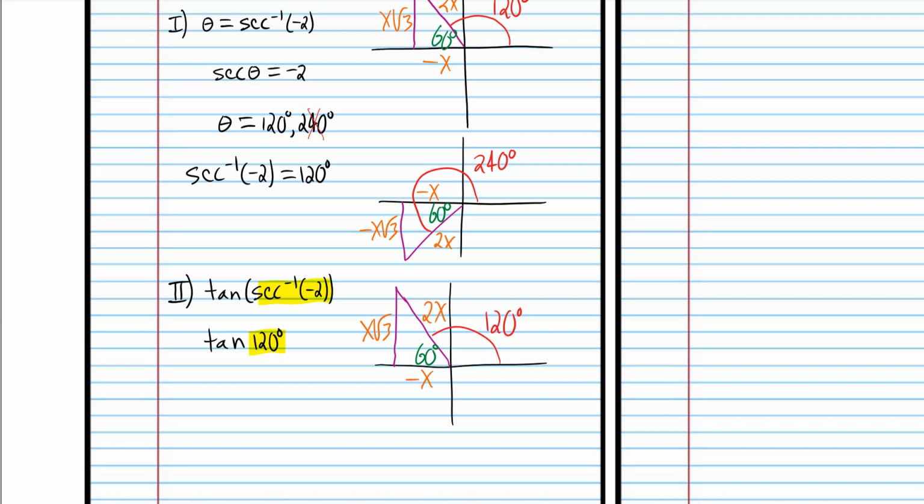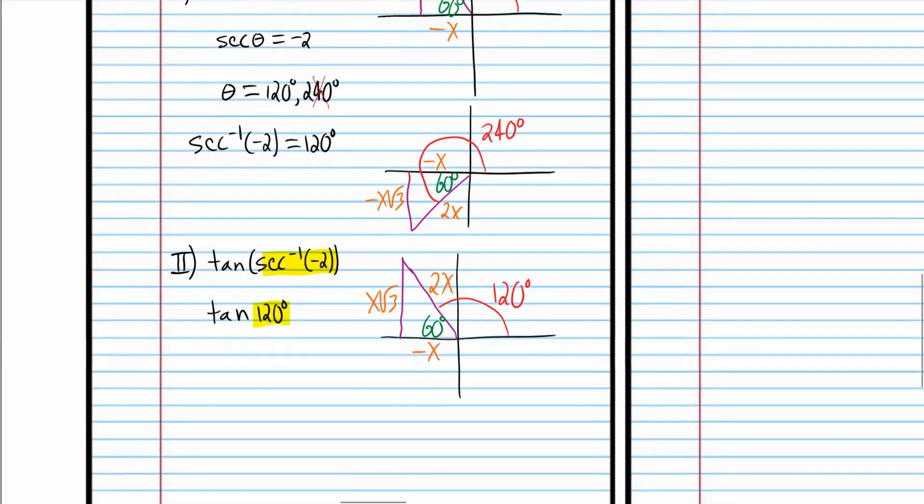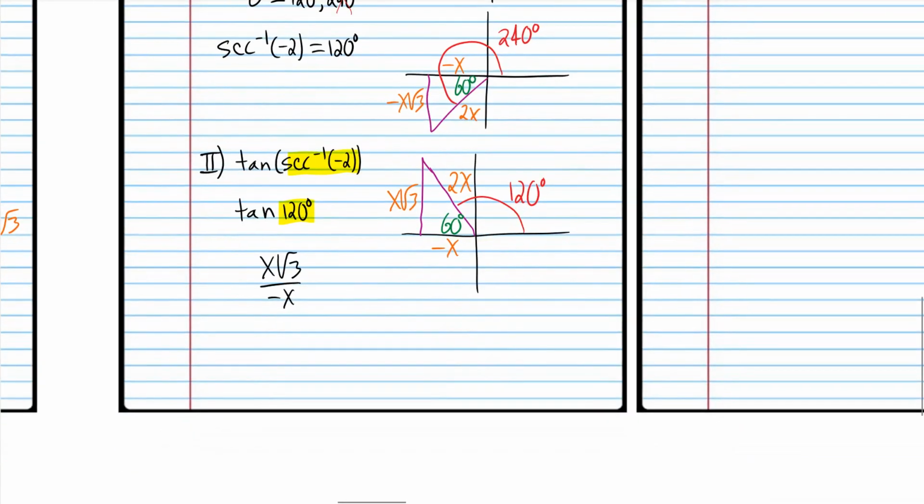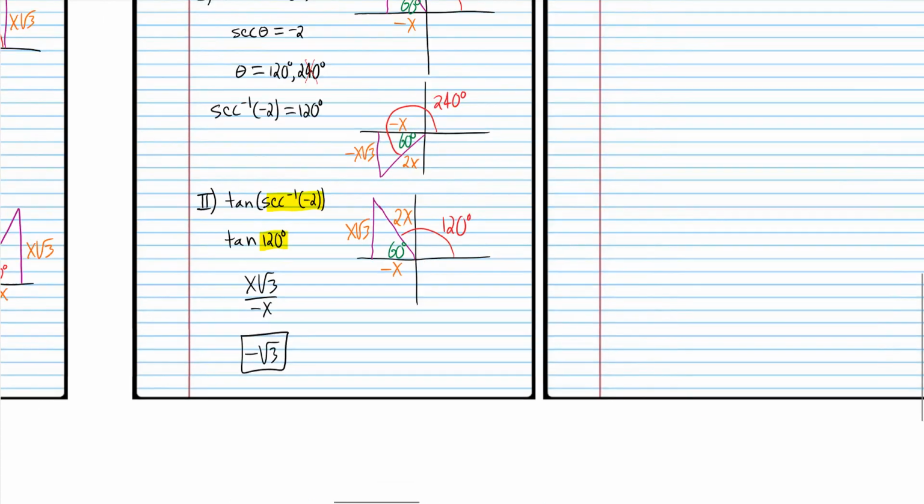And this side is -x. So obviously we're dealing with a 30, 60, 90 degree triangle. And tangent is the opposite side divided by the adjacent side. X's cancel out, and we have -√3. So if you got that one right, perfect.